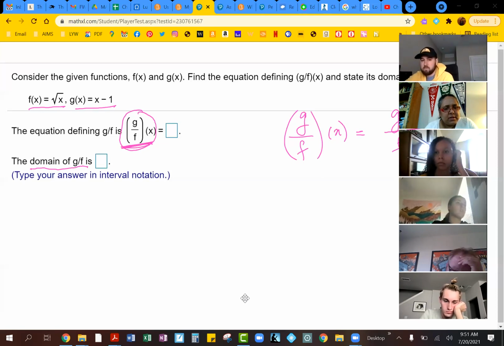Sarah, Tiffany, Holden, okay. And all of you looks like have x -1 on the top, square root of x on the bottom, Zach, Ilias. Yeah, very nice.